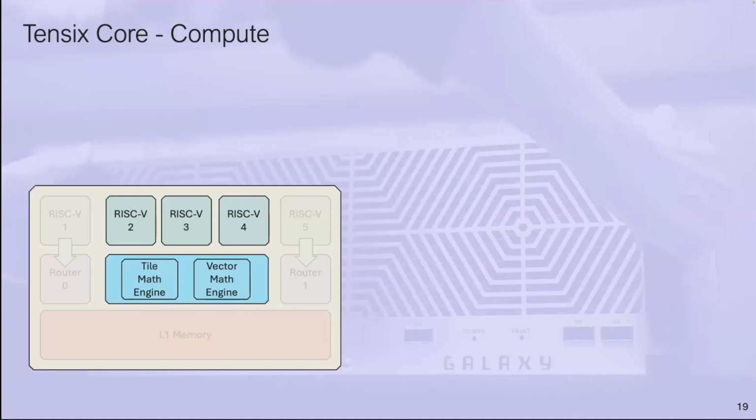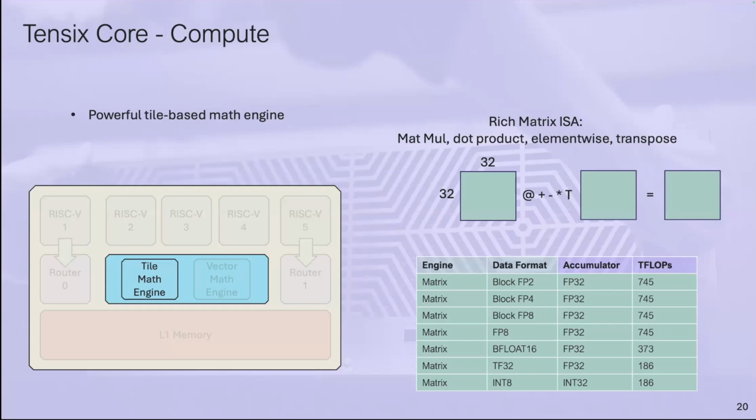So I've gone over a bit of the data movement portion of it now, just to step into some of the compute. So we have a tile math engine. Here, a tile we have defined as a 32 by 32 2D buffer space, and we can do a bunch of different operations on it.